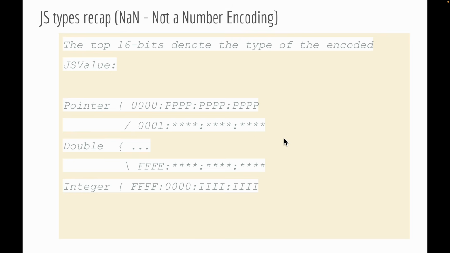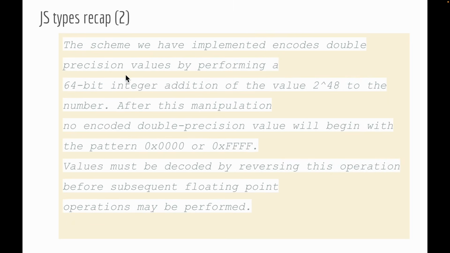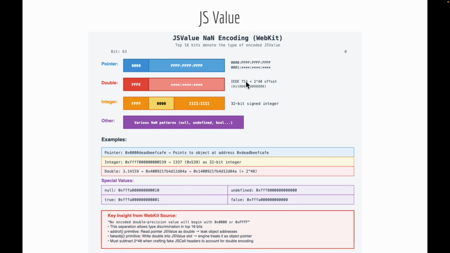I also put some description here, which comes directly from the documentation of WebKit, and I prepared this scheme to help you understand some stuff. This is very important, how the values are encoded, because it's all about encoding.